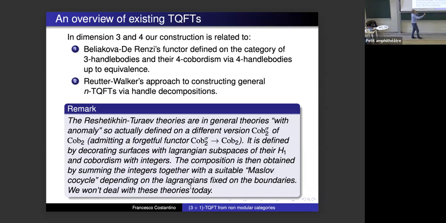Yeah, and these additional data are needed because the cobordisms are just the old cobordisms plus an integer. And these additional data are exactly to tell you how to sum the integers when you glue two cobordisms. You don't just sum them, you sum them and you add an additional term, which is computed out of the Lagrangian data. It's called the Maslov correction. Anyway.